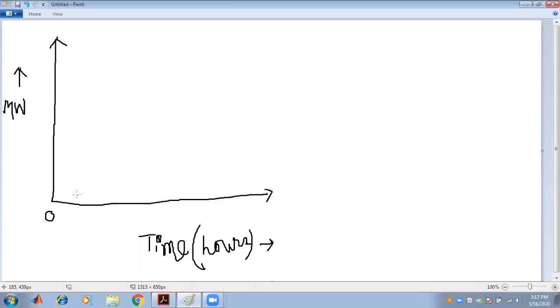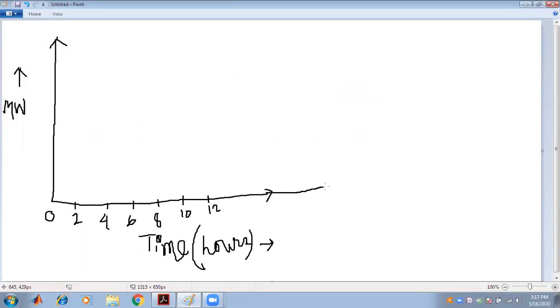So I am taking a 2 division. It is totally upon you. You can take 2, 4, depending upon the calculations. So this is 2, 4, 6, 8, 10, 12, 24 hours in a day.